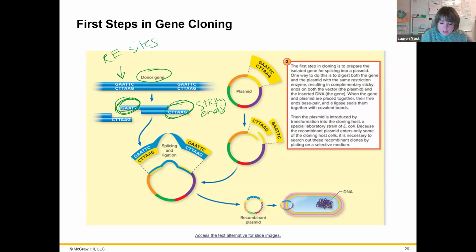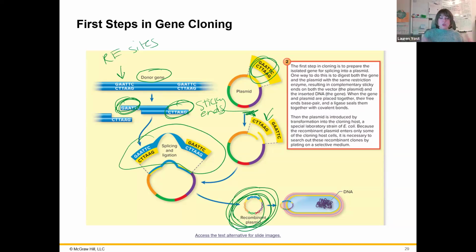Make a similar cut in a plasmid, making more sticky ends. And then we mix them together in excess, so lots and lots of the gene and some of the plasmid, so that some of the plasmids allow us to stick this gene into the plasmid. And now we've made a recombinant plasmid that contains the gene. So this draws out that whole picture.